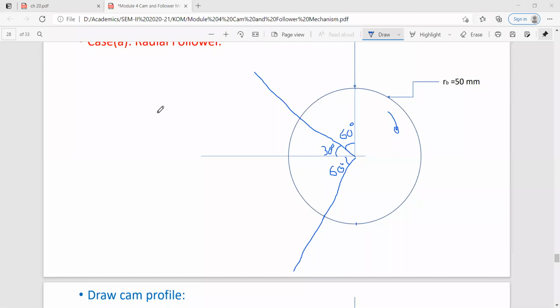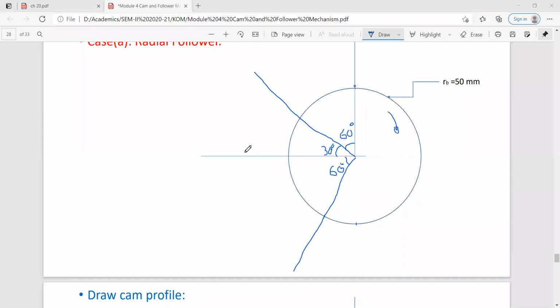How many diagrams do we have to make in total on the drawing sheet? You draw as much as it is taking space.